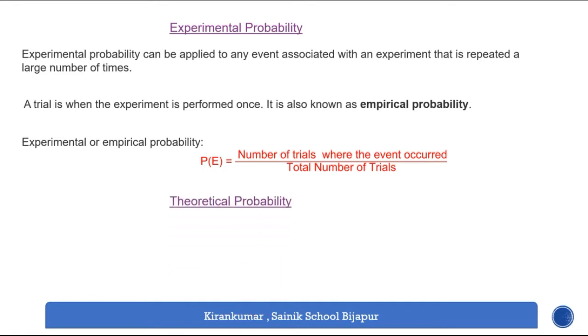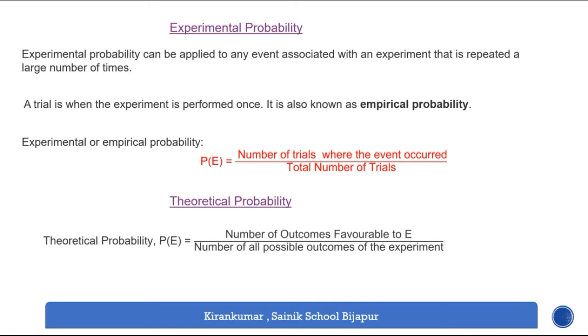We also discussed in class 9th theoretical probability. The theoretical probability is given by P of E equal to number of outcomes which are favorable to the event upon the number of all possible outcomes of the experiment.